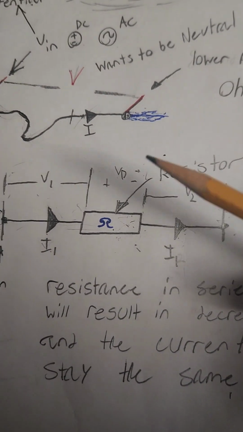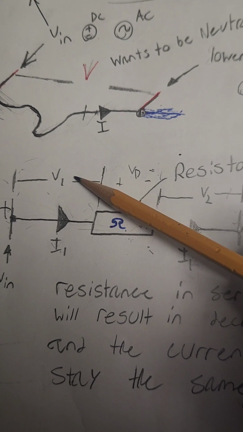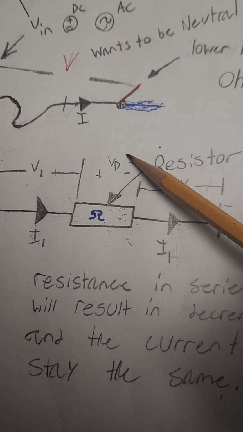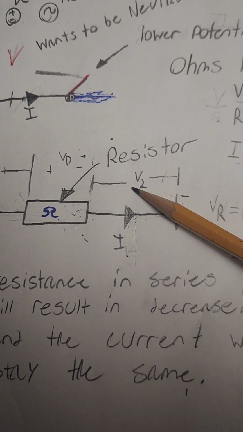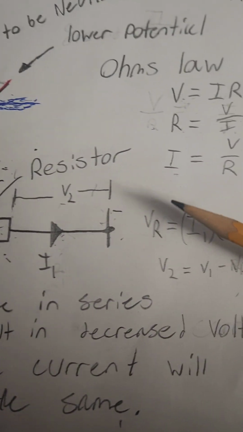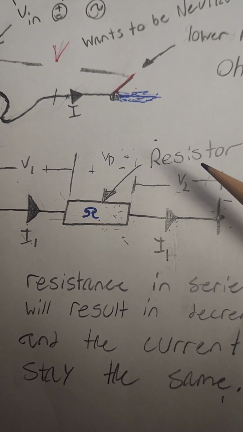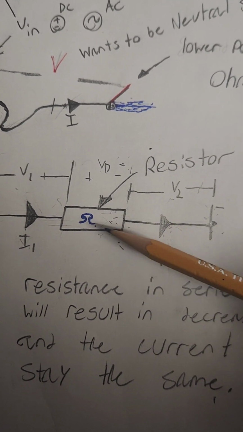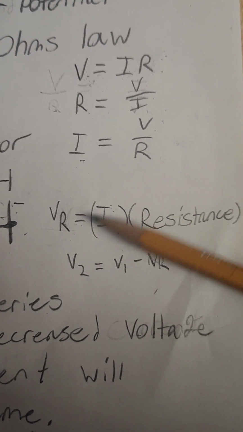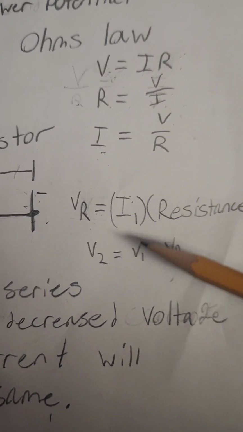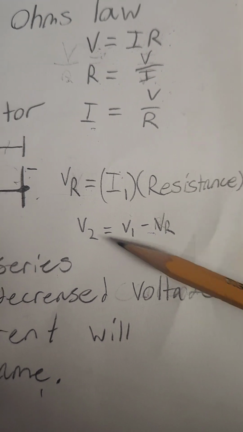So what we could do is take the voltage here, V1, subtract the drop in voltage from this resistor to get this voltage, because what goes in must come out. So if there's a drop here, we subtract that, we have what's out. So we get the voltage across the resistor, and then we subtract it from what we have in to get V2.